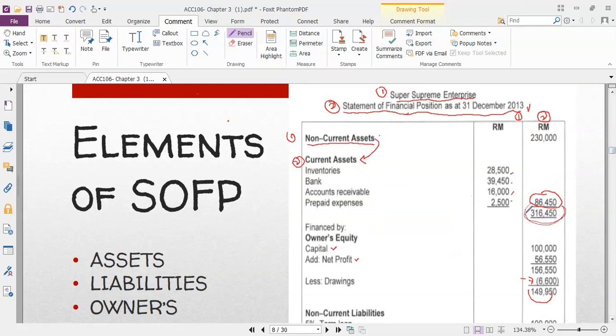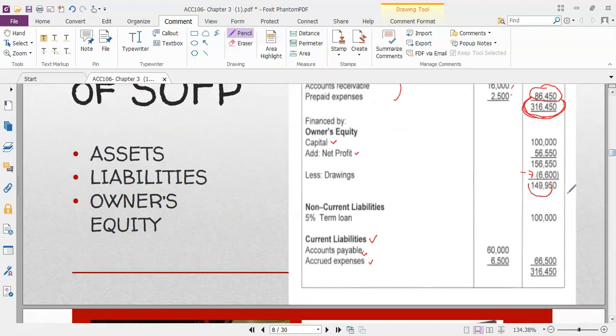But then, if you notice here, okay, on the second column for RM, okay, so you notice or not, okay, the amount, the total amount of asset is 316450, right? Okay, but then the amount is the same, the value, the total amount is the same with capital plus non-current liabilities plus current liabilities. Nampak?